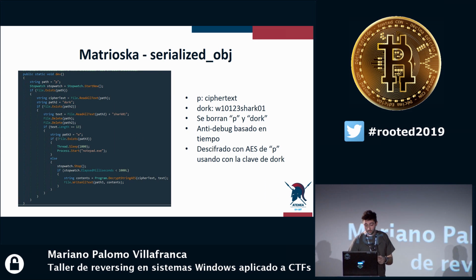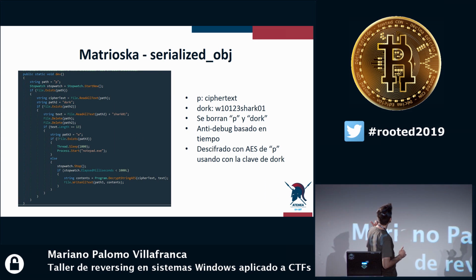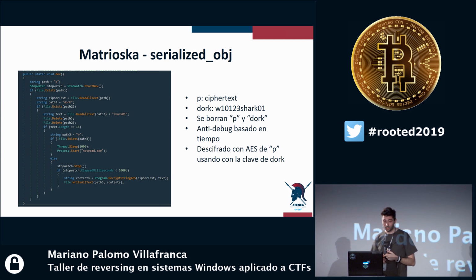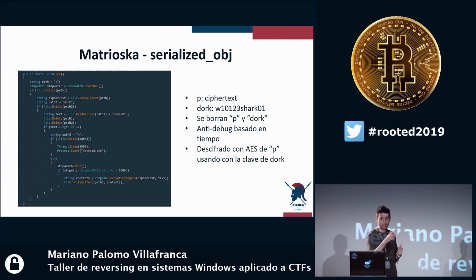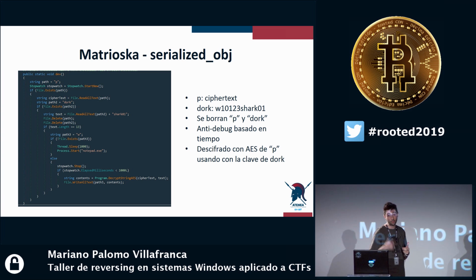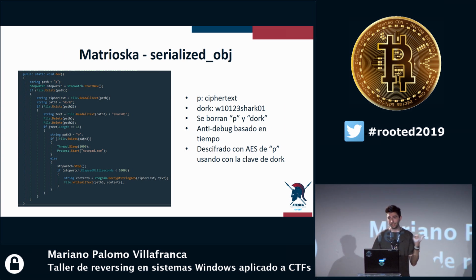And then they check. There is a P. The P was from before, from the first binary. You remember the header of the image that was base 64.